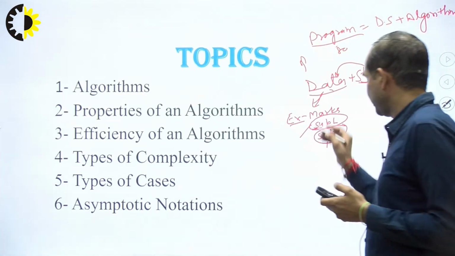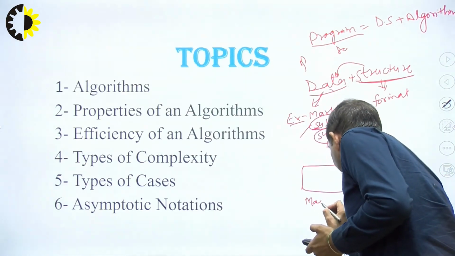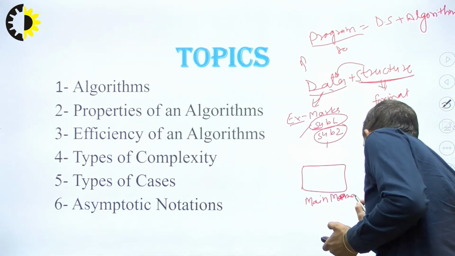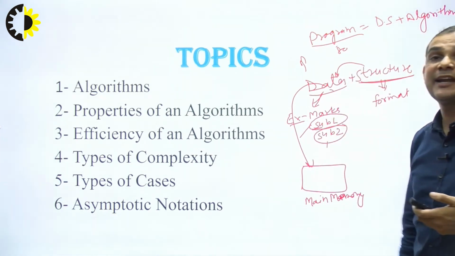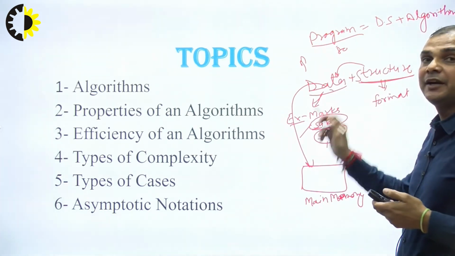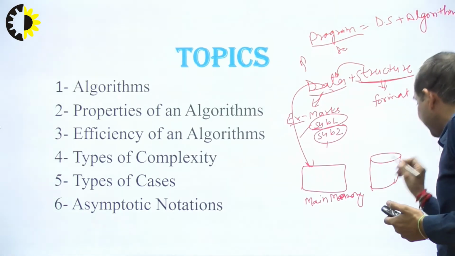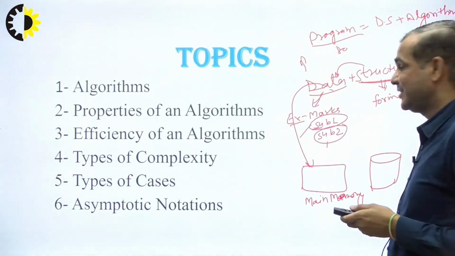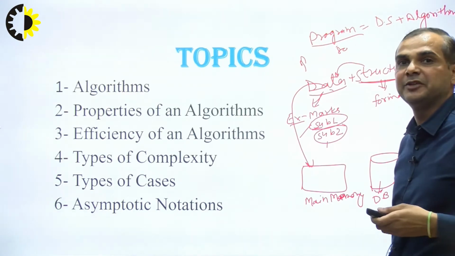Few things we have to store. Suppose we have to store this data into the main memory. When we store this data into the RAM, that is known as the data structure. When we store this data into a hard disk, then it is known as a database. This is the database management system.